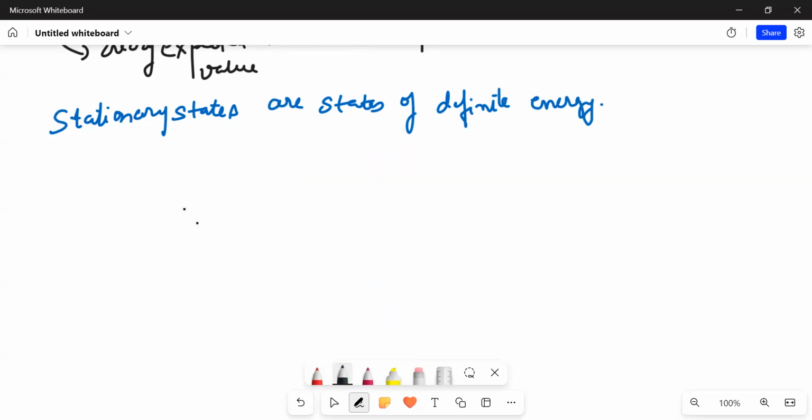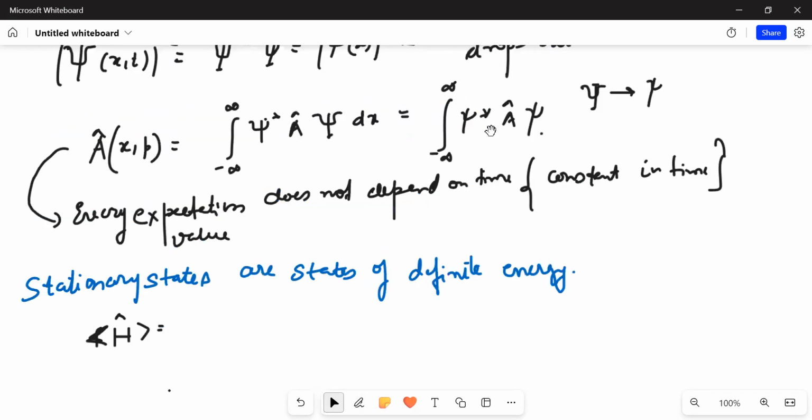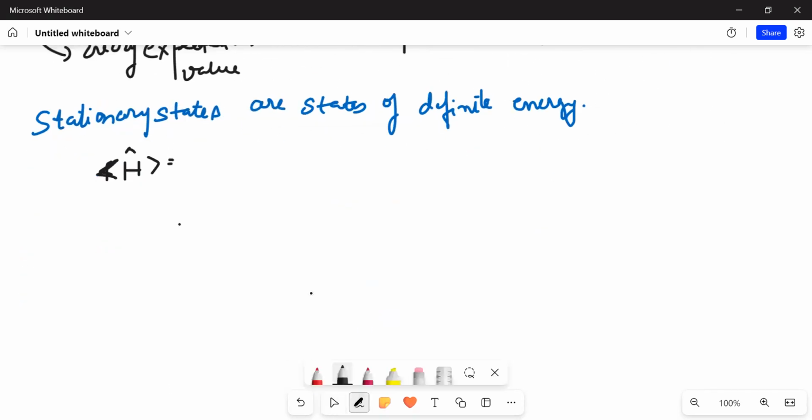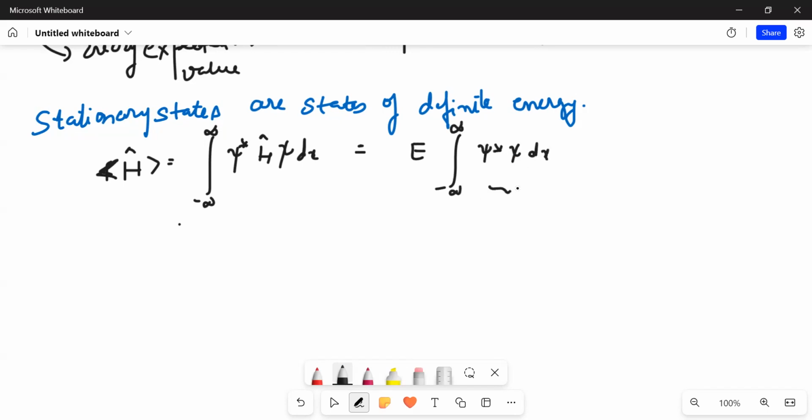Okay, so how to establish this? Understand that if I want to evaluate the expectation value, we can change this capital psi to small psi. So the integral of psi star psi dx simply equals 1.